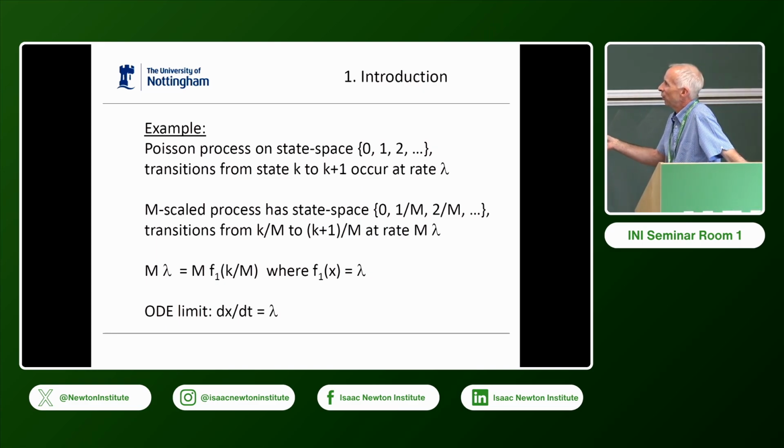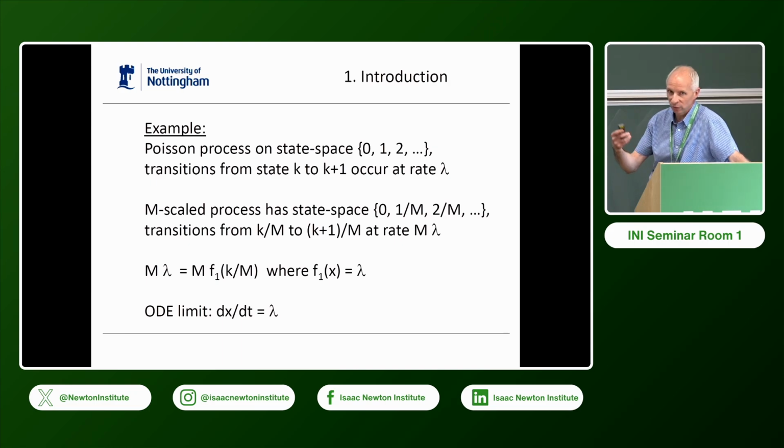So here's an example of such a thing, a Poisson process. Here I'm thinking of a Poisson process as something which counts the number of events that you've seen. So I'm not thinking of it as a point process particularly, but how many events have you seen up to a point in time? So it could be 0, 1, 2, 3, and so on. You go up one event at a time from k to k plus 1. This happens at rate lambda.